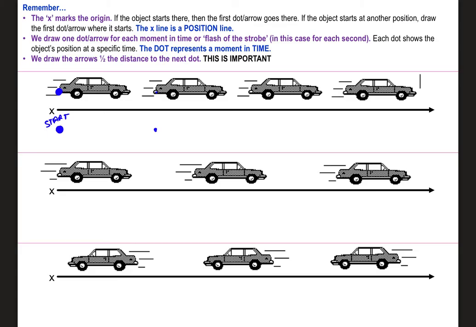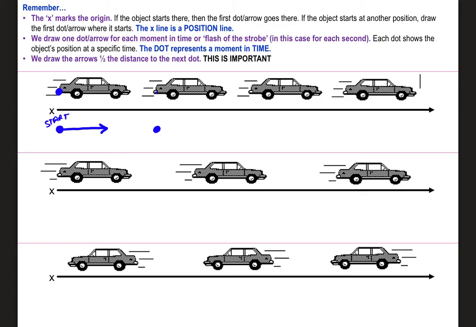I'm going to come down and draw my dot right there. And once I've done that, I'm going to go back to the previous dot and draw an arrow halfway to the next one. Now remember, each dot is a moment in time, and the line represents position, and the arrow is a velocity vector for this car.